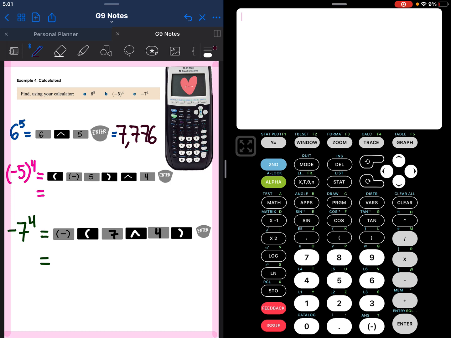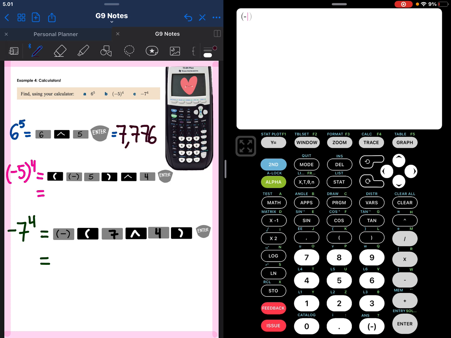So the parentheses are above 8 and 9. So the parentheses, and then the negative. Okay, make sure you see this. The negative button is not the one above the addition button. The negative button is the one below 3. Okay, there's a difference.